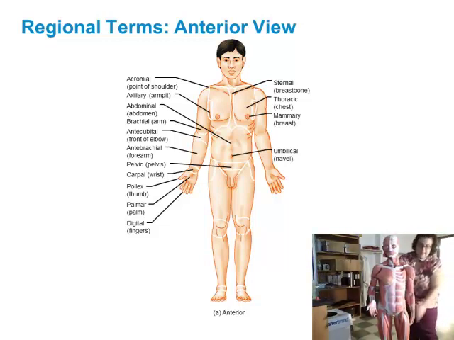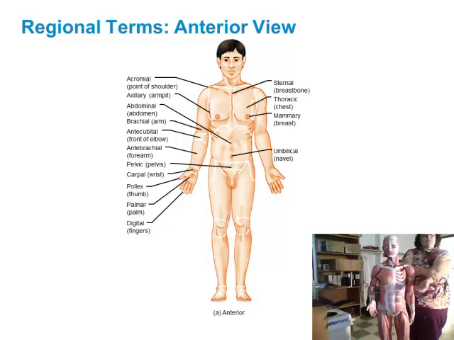As far as this limb goes, this upper region here, this is the arm. That's called the brachium. This lower region, this is the forearm. So that's a difference even in the way we would call this whole thing the arm, but this is really the arm and this is the forearm. So this is the brachium and antebrachium.